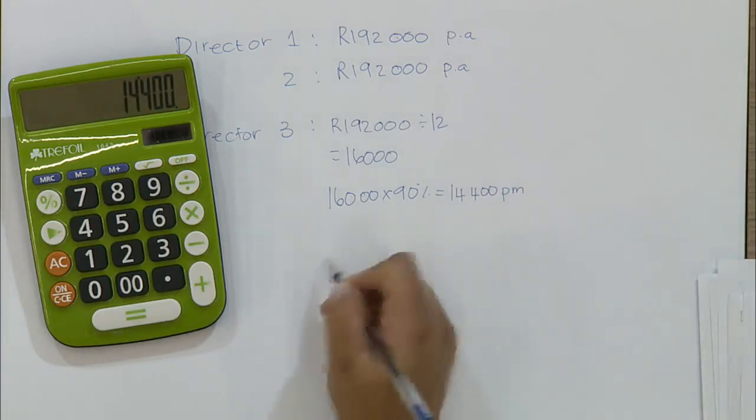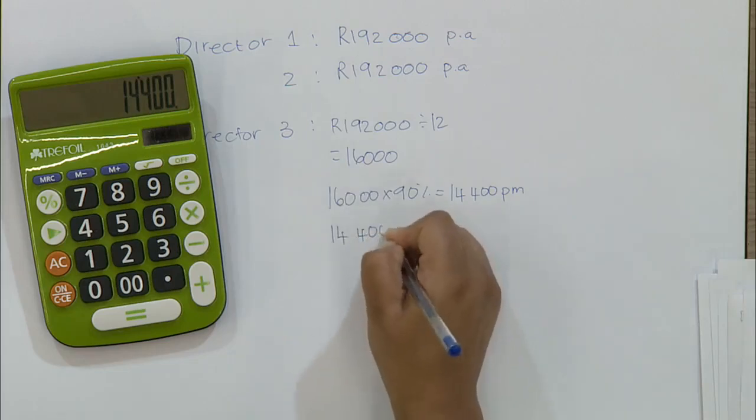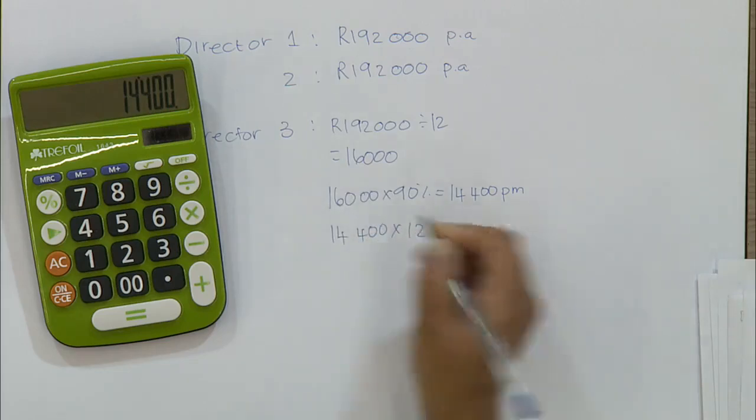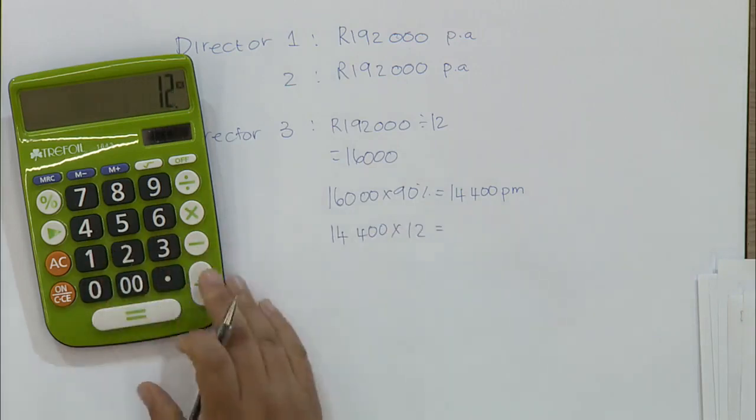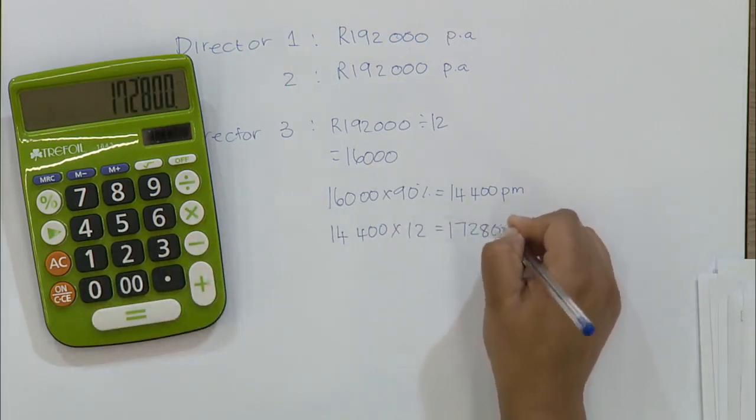So the yearly value would then be 14,400 per month times 12, and that gives you 172,800.